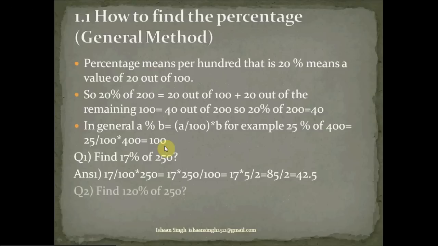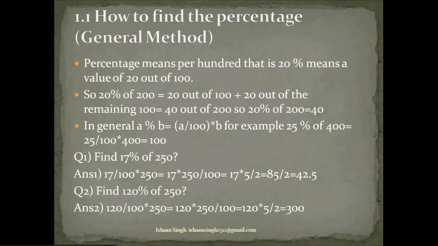Let us look at another question. We have to find 120% of 250. Again, going by the above formula, it will be 120 upon 100 into 250 is equal to 120 into 250 upon 100 is equal to 120 into 5 by 2 is equal to 300.